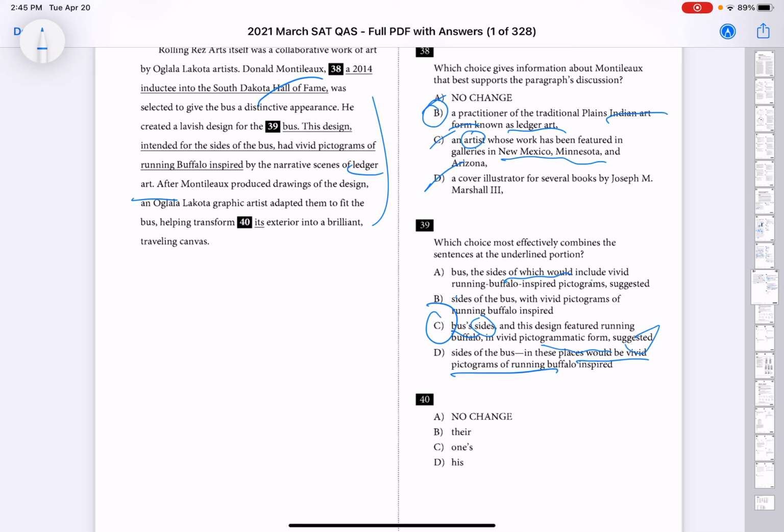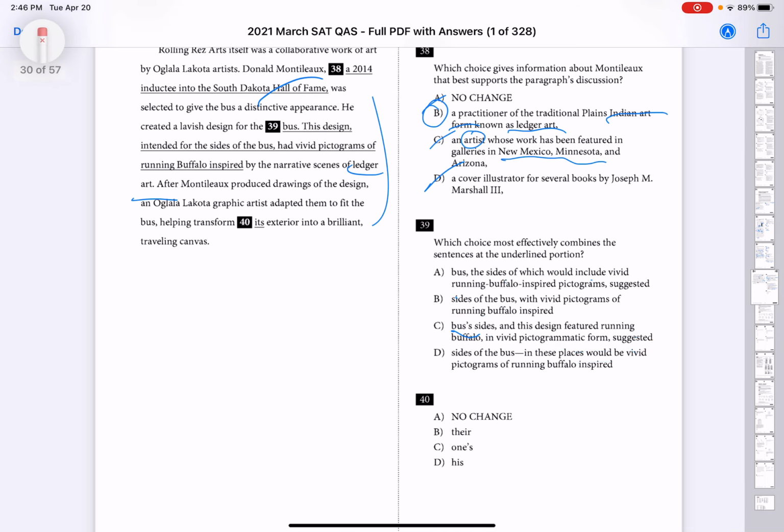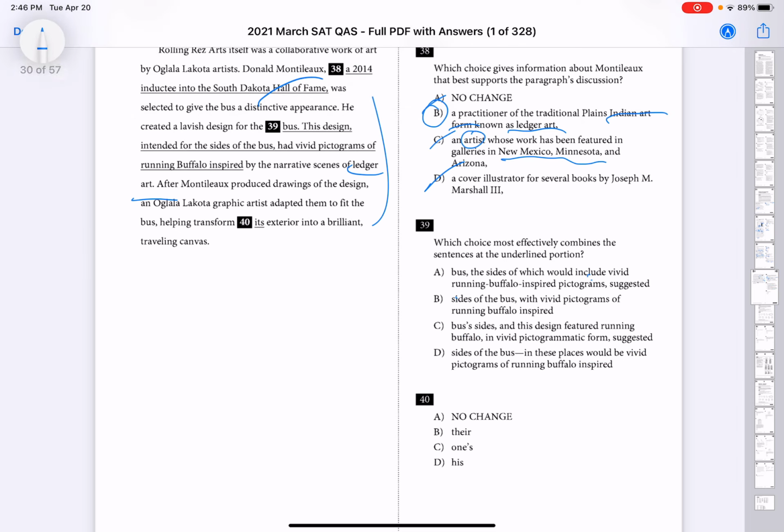Let me check though. Maybe not. Let me see. 39. Let me do this again. Sides of the bus with vivid pictogram. This is a little bit long though. No, it's not. It's not bus's side. Okay, it's not this one. All right. It should be sides of the bus with vivid pictograms of buffalo inspired. So let me read through it again. It says this design intended for the side of the bus had vivid pictograms of buffalo inspired by narrative scenes of ledger art.